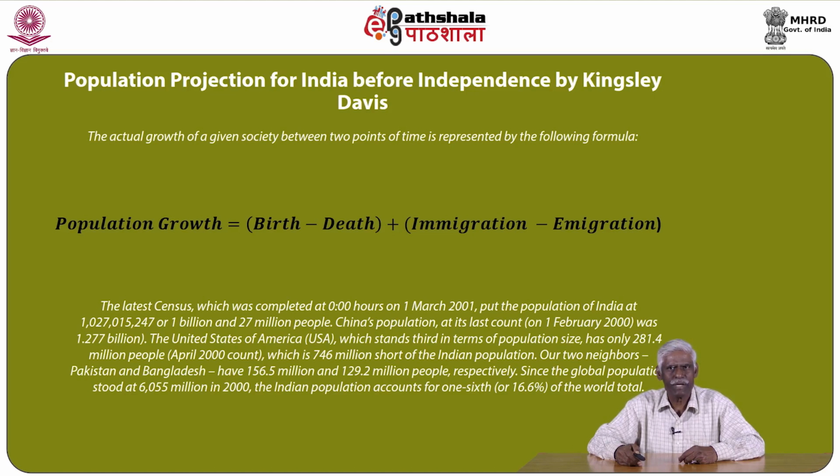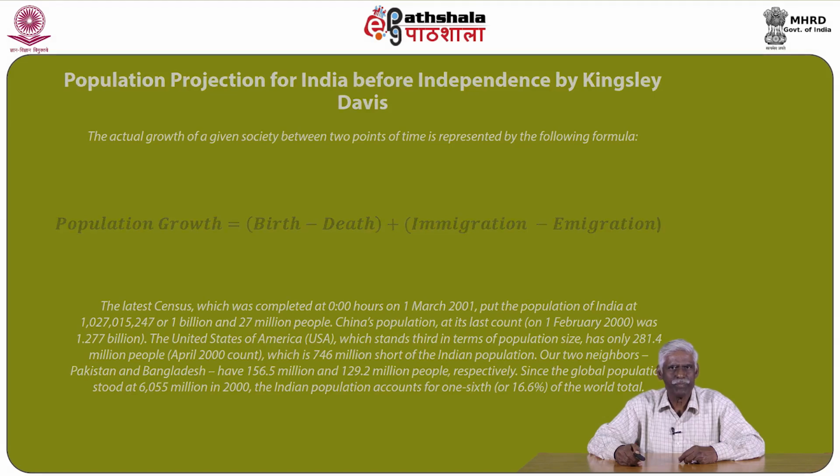Next comes the United States, and then our two neighbors, Pakistan and Bangladesh. In the global population, India's population accounts for nearly 1/6, which comprises 16.6% of the total population.